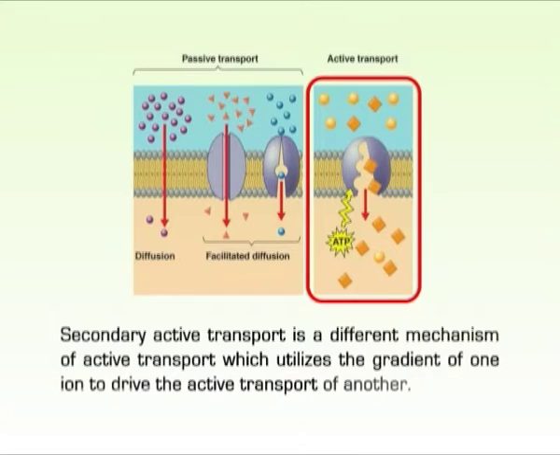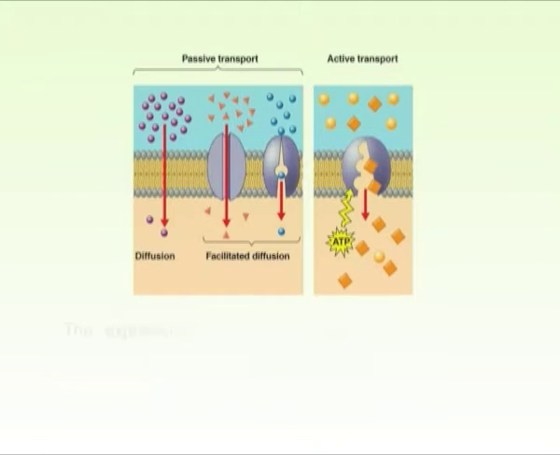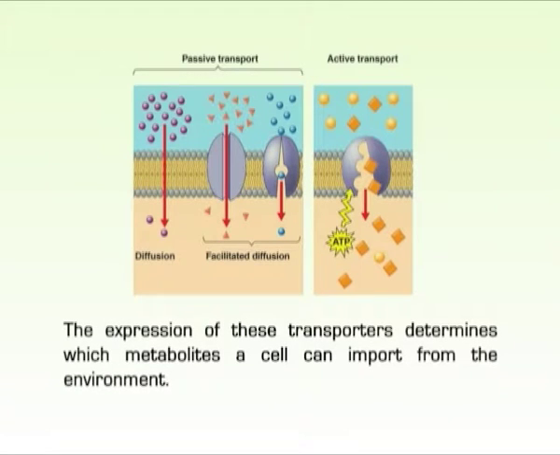Secondary active transport is a different mechanism of active transport which utilizes the gradient of one ion to drive the active transport of another. The expression of these transporters determines which metabolites a cell can import from the environment. Hence, adjusting the level of transporter expression is a primary means of controlling metabolism.